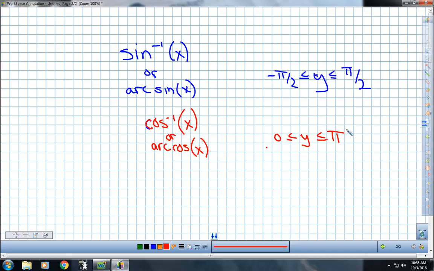Okay? And again, that's in order to preserve functionality. We have to limit the domain so that its inverse is also a function. Does that make sense?